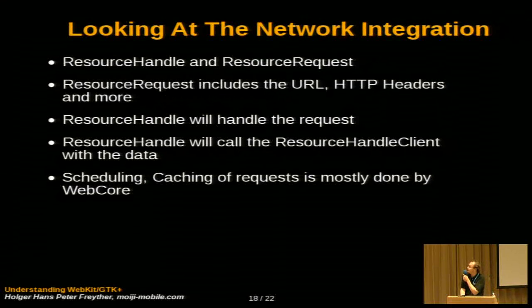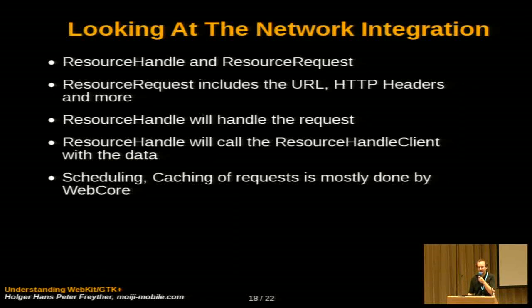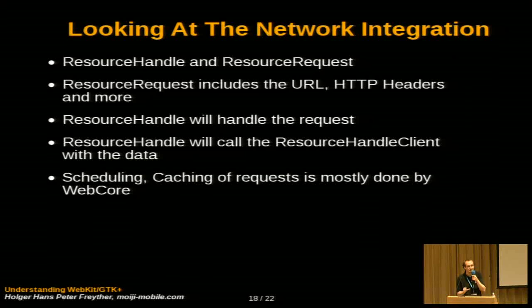And for networking we have two more classes. So one is the resource request, which holds the URL you want to open, HTTP headers, or if you want to make a post with, like, a form attached, you have also the form data in the request.